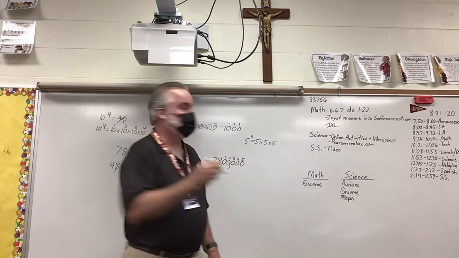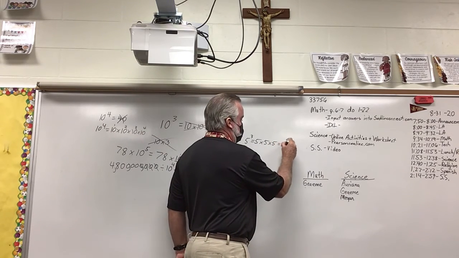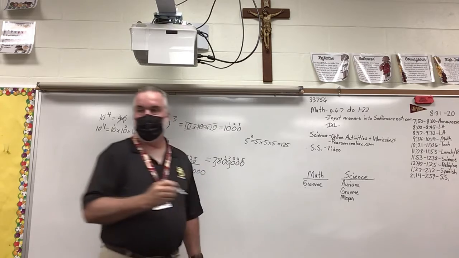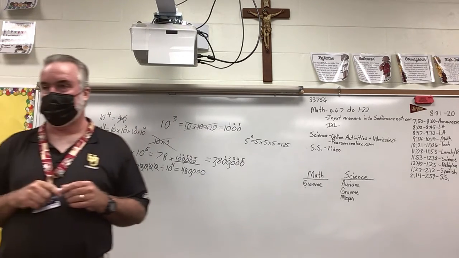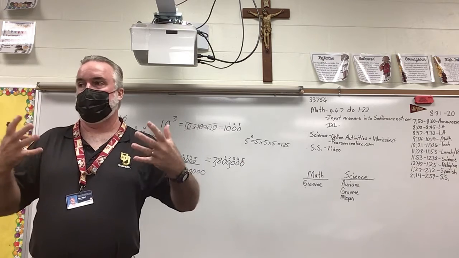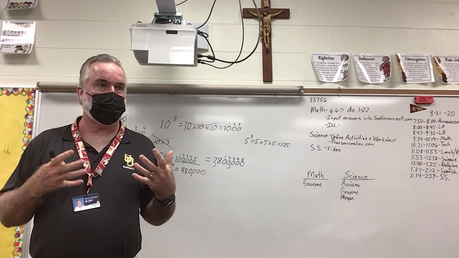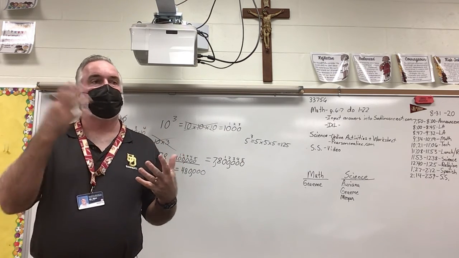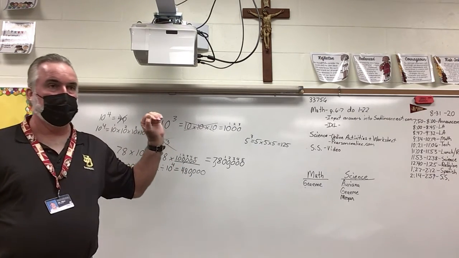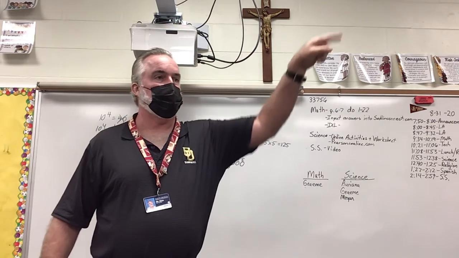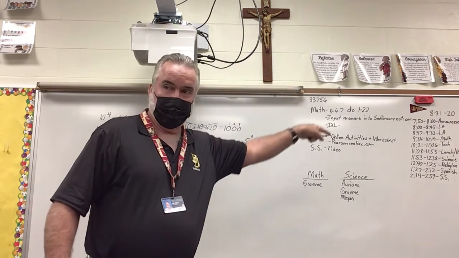Times 5 more is 125. But you're going to run into some problems like that later. Today, you're just getting introduced to the exponents, so all of yours are going to be with tens. If you're multiplying, you're adding zeros on. If you're dividing, you're taking zeros off.